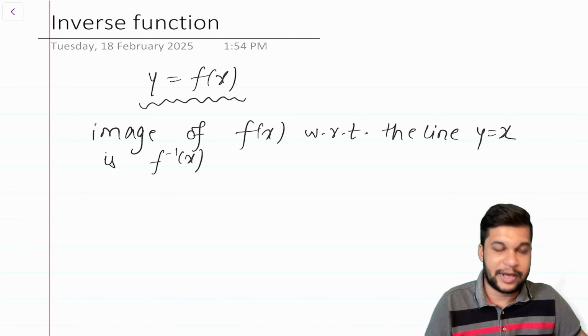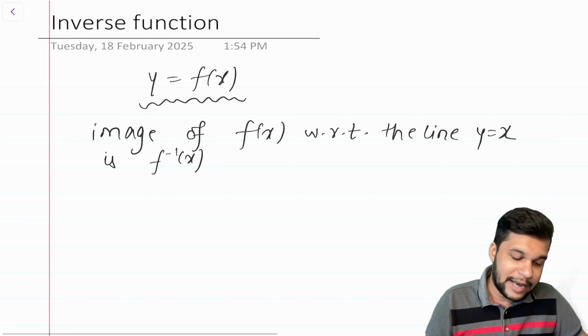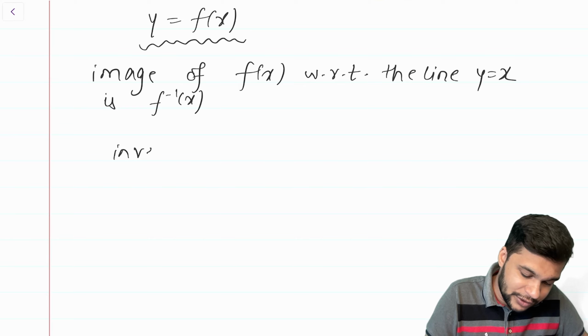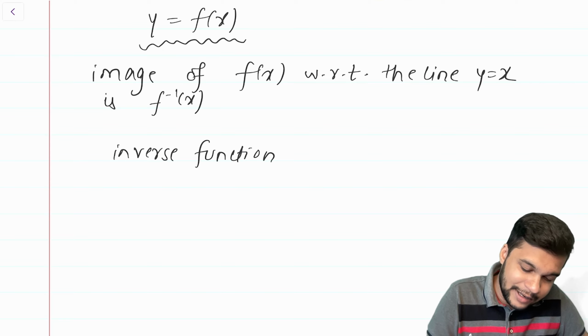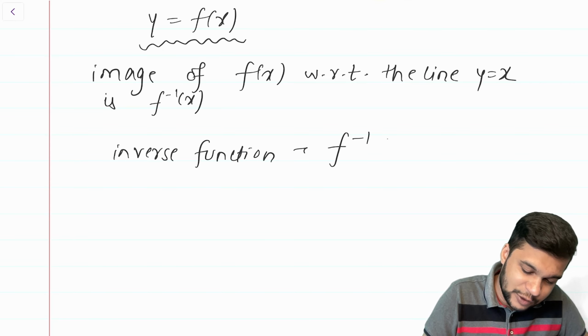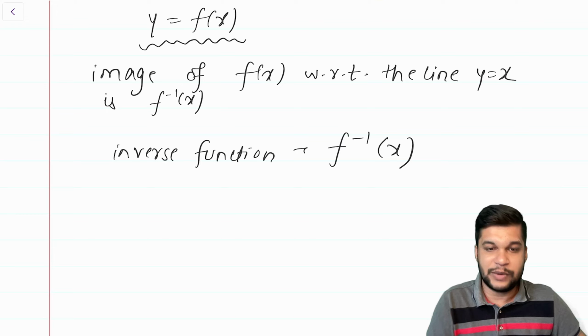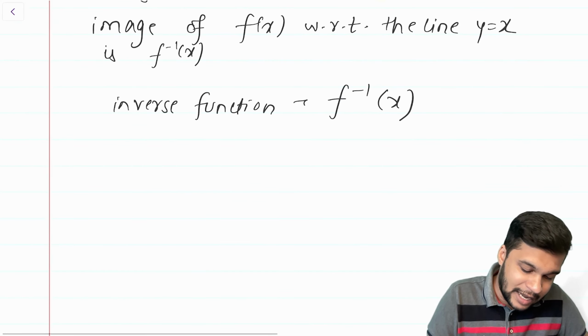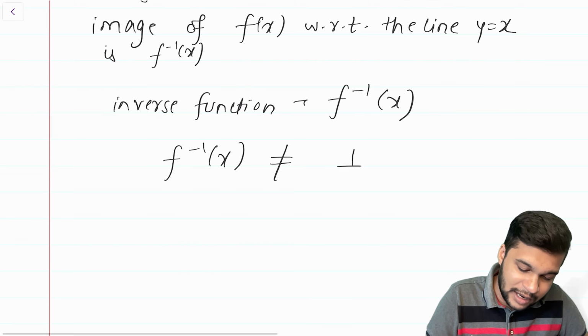One thing that I want to clarify here is how you write inverse function. You write it as f power minus 1 x. Now remember that f power minus 1 x is not 1 upon f(x).